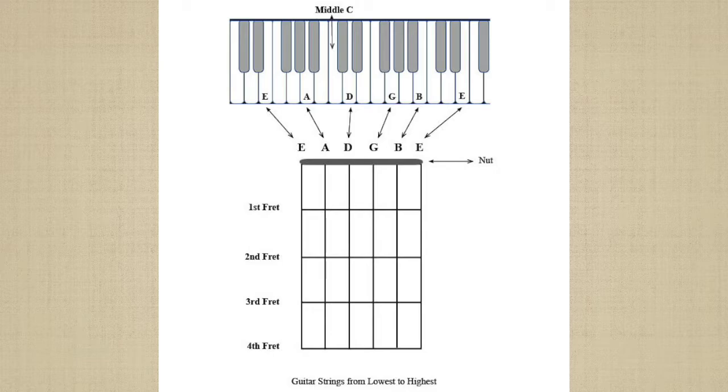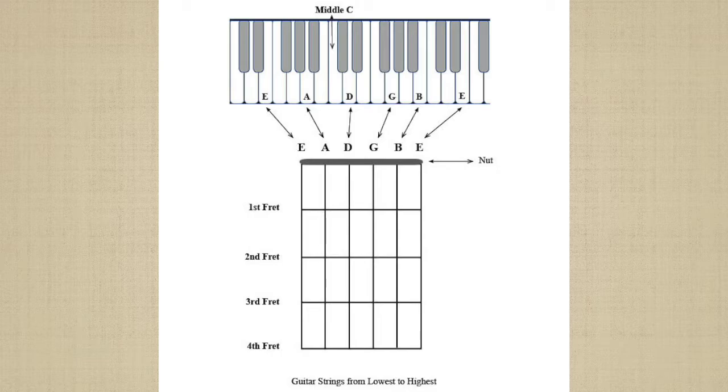All right. Now when I'm holding the guitar playing it, the lowest string is actually the one that's closest to me. It's highest on the guitar neck towards me, but it's the lowest pitch string. And remember, pitch has to do with how high or low a note is.